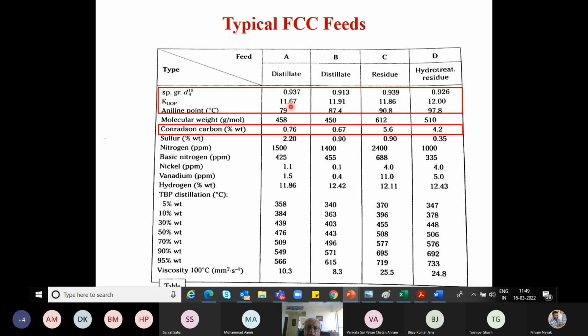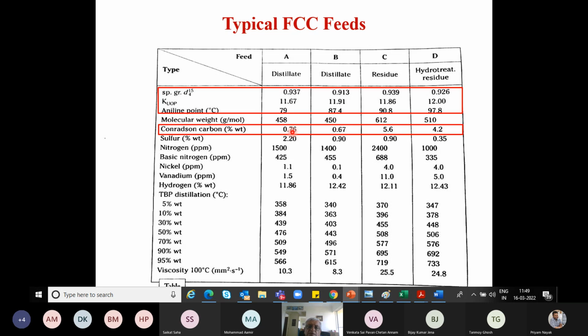And that is why vacuum gas oil, which has a significant quantity of wax, is an ideal feedstock for cracking in an FCC unit. The other parameter, the conradson carbon residue, the CCR, is also a very important parameter, because the higher the CCR, the more carbon will get laid down on the catalyst.